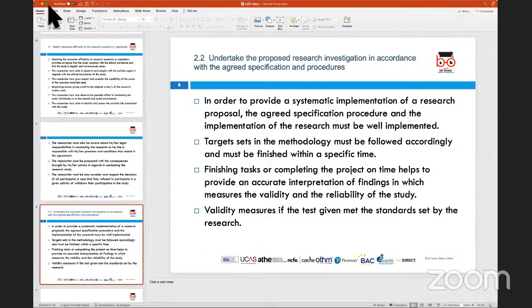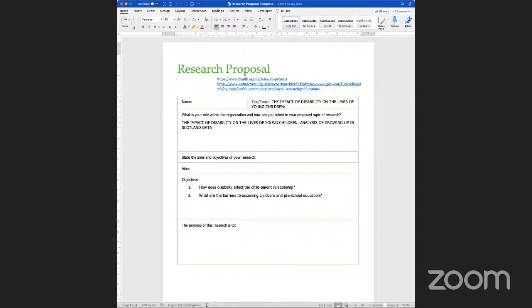The reason I want to do this is because I also want you to understand that when we look at undertaking any form of research, what we would need to do is at some stage create what is called a research specification, or agree that specification and the remit of that research with relevant people.